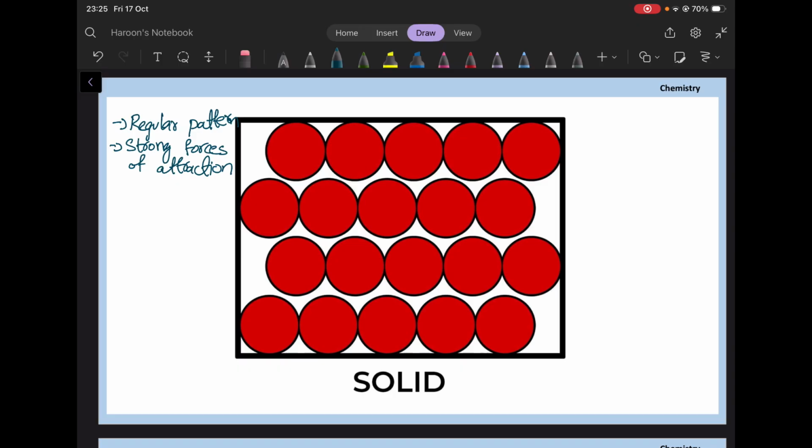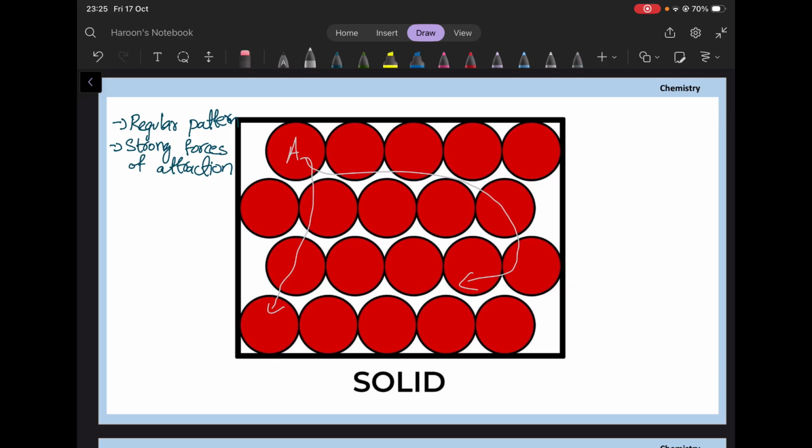Now, the arrangement over here is such that the particles in a solid cannot move around. For example, if I have this particle A, it can't move around and reach over here, or move and reach this position. No, the particles in a solid cannot move around.